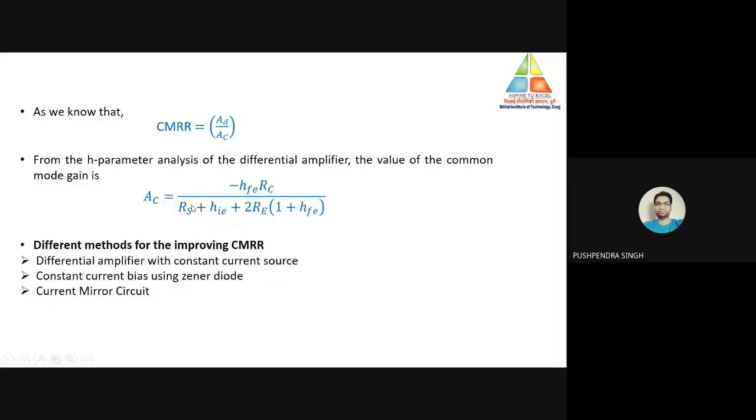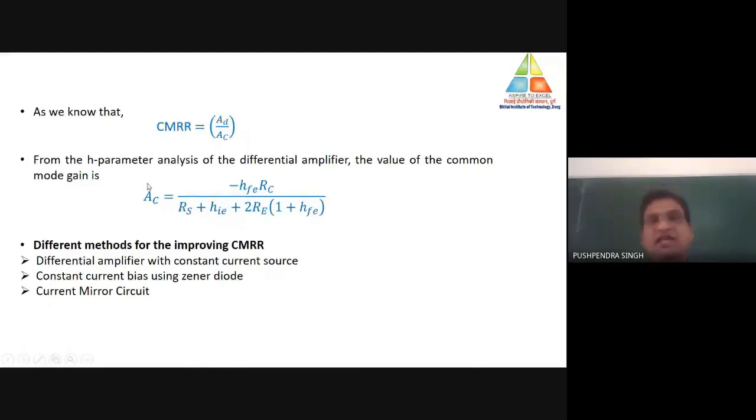Resistance of the transistor, so we make that parameter equal to 0. The value of RE should be in mega ohms, or in ideal condition, the value of RE should be infinite. So when the value of RE is very high, only on that condition the value of CMRR will be improved. So the different methods by which we may improve the value of CMRR only depend on this RE. But we are having some constraints.